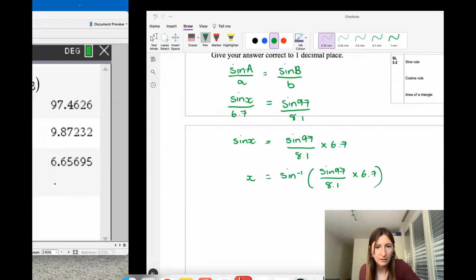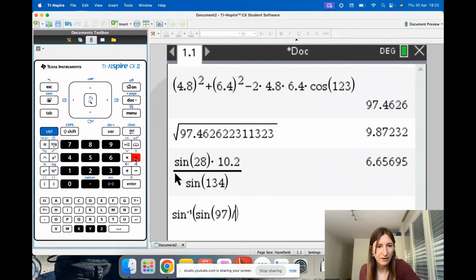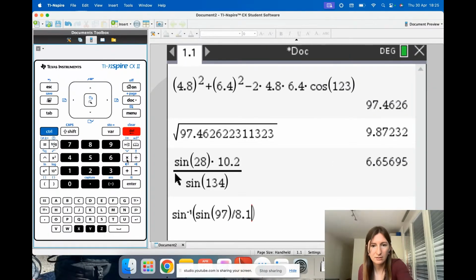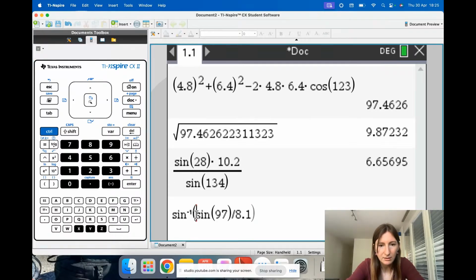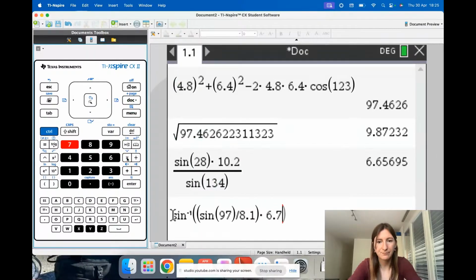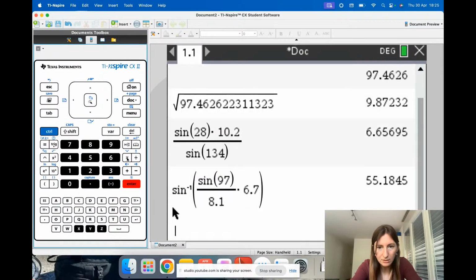Don't want to get anything wrong with my algebra here. Divided by 8.1 and not times there. I just want this to be together, so I'm going to put an extra set of brackets there. There we go. And now times my 6.7 and close bracket. And now I think we have enough brackets. We are good.